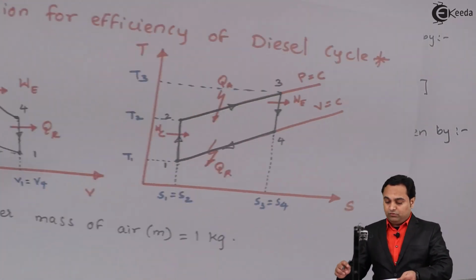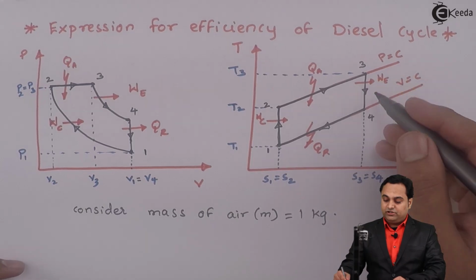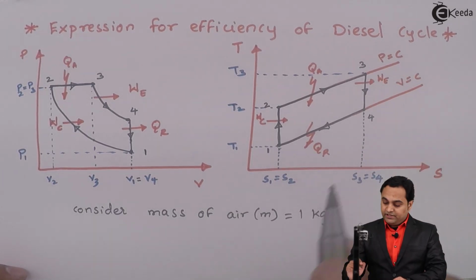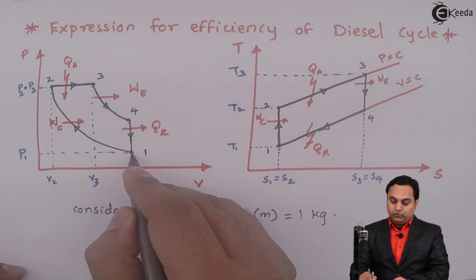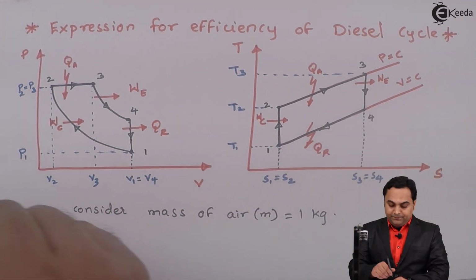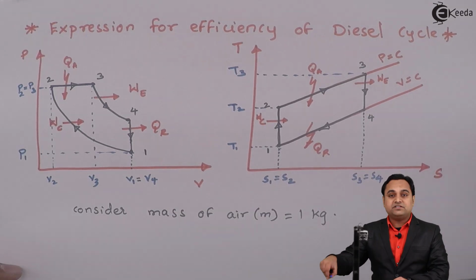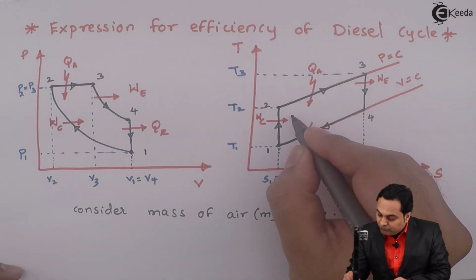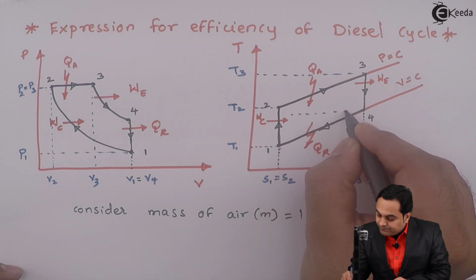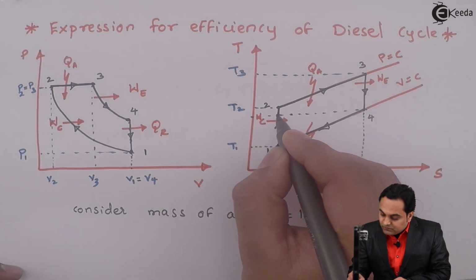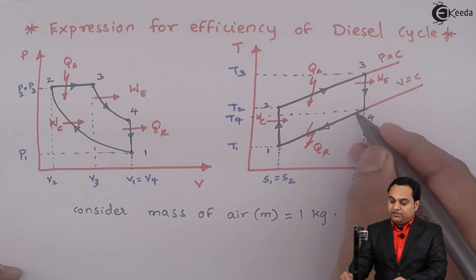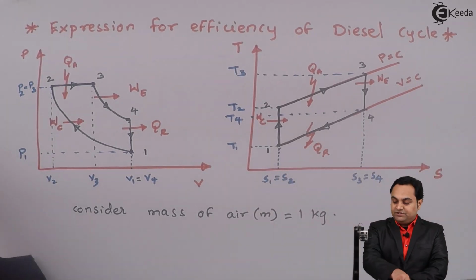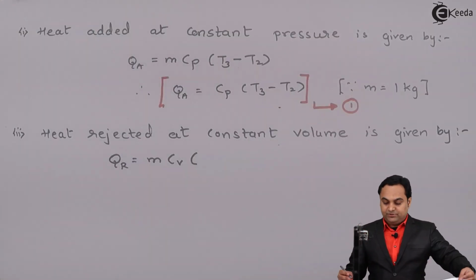And if we see, it would not be T3 minus T4, actually this is the expansion process. Heat is rejected from 4 to 1. As we can see, from 4 to 1 the heat is rejected. So the temperature difference will be T4 minus T1, not T3 minus T4. Here we are having T4 minus T1 as the temperature difference, higher temperature minus lower temperature.